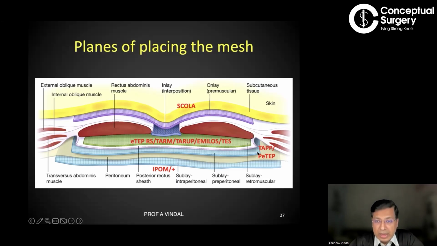The laparoscopic counterpart is transabdominal preperitoneal for ventral hernia, or the preperitoneal enhanced view totally extraperitoneal repair, which is a new repair which has been recently described. And if we talk about the intraperitoneal repair, then we have the intraperitoneal onlay mesh repair with or without defect closure, which is known as IPOM or IPOM plus respectively.